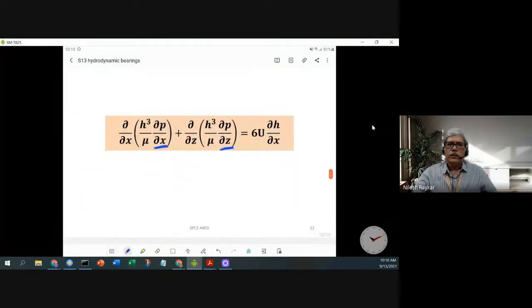This is a two-dimensional partial differential equation, for which Sommerfeld obtained a solution for two cases where length is infinity and length is very, very small. For these two situations, he could find an analytical solution.